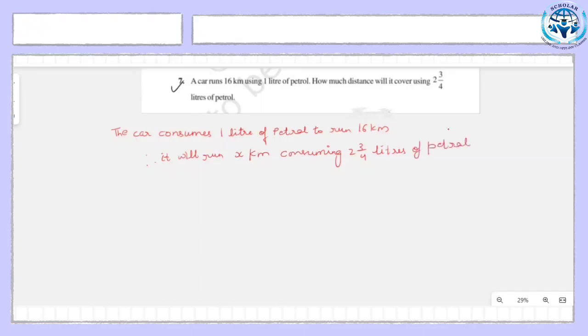So, we have to find out the value of x. Using unitary method, 1 liter 16 kilometers. So, 3 by 4 liter will be 16 by 1 into 3 by 4.